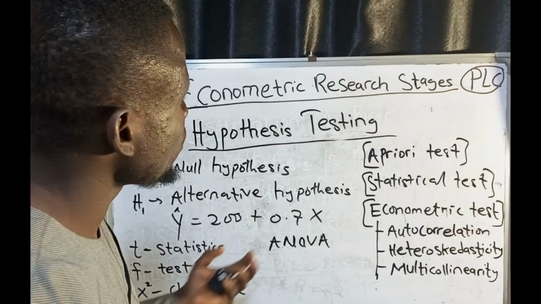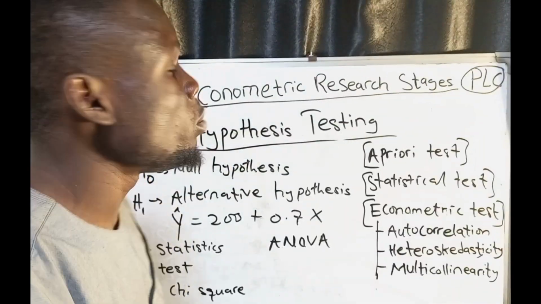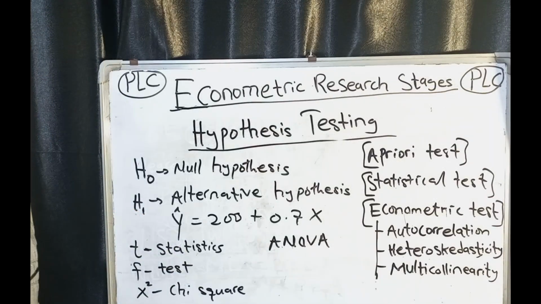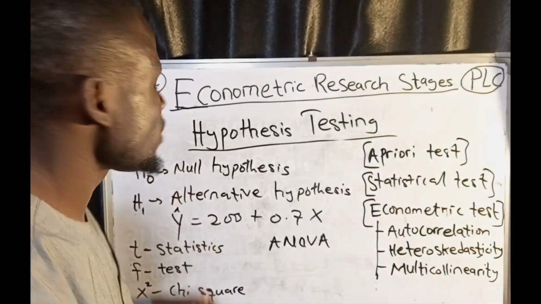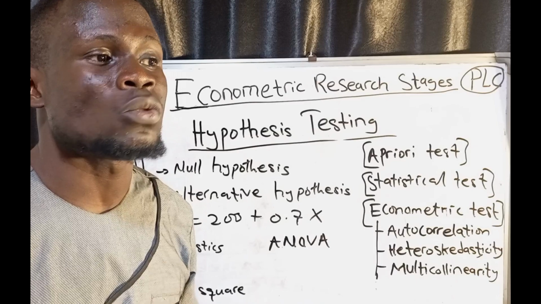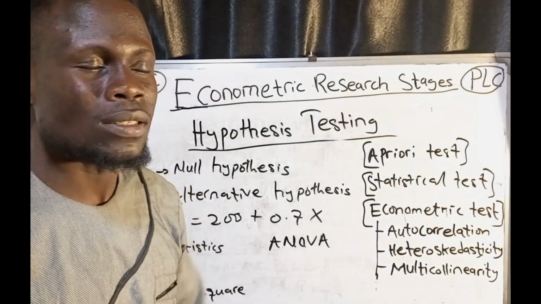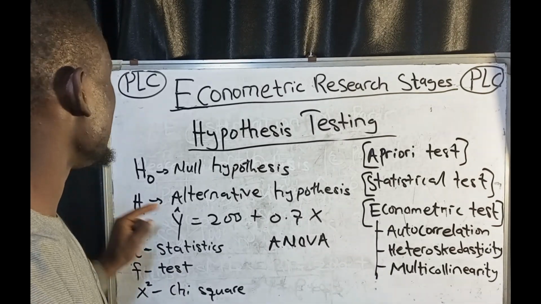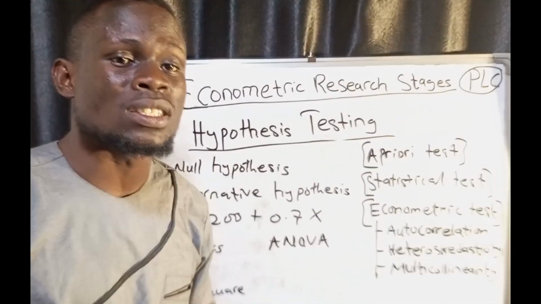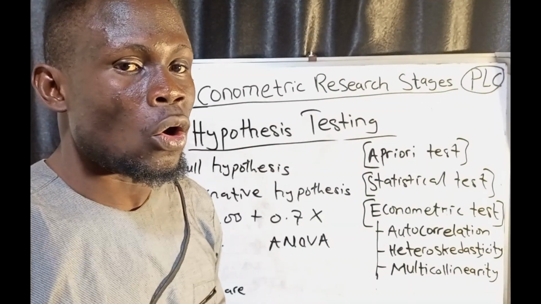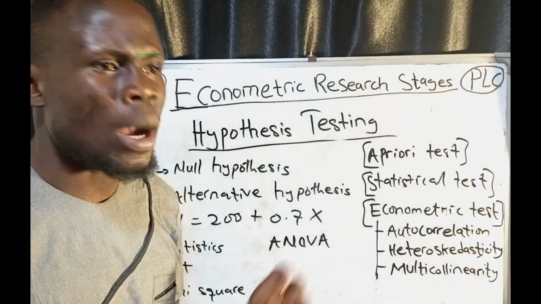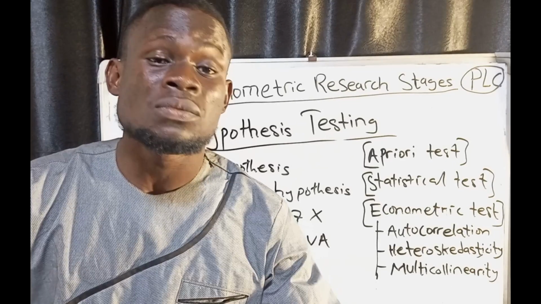And we talk about the statistical test. We start our statistical test by formulating our null hypothesis and our alternate hypothesis. Now the null hypothesis is the hypothesis the researcher is aiming at rejecting, while the alternate hypothesis is the hypothesis the researcher accepts on the ground that the null hypothesis has been rejected. Hypotheses are majorly scientific guesses.